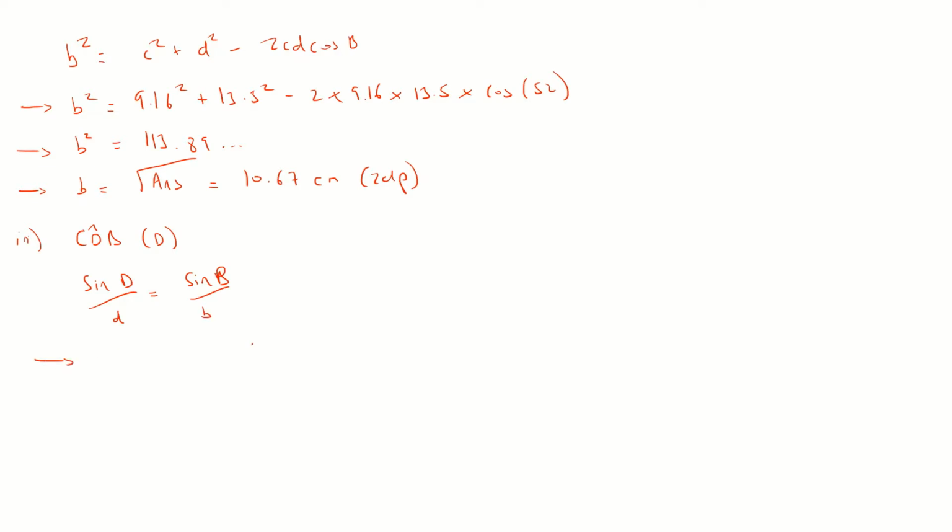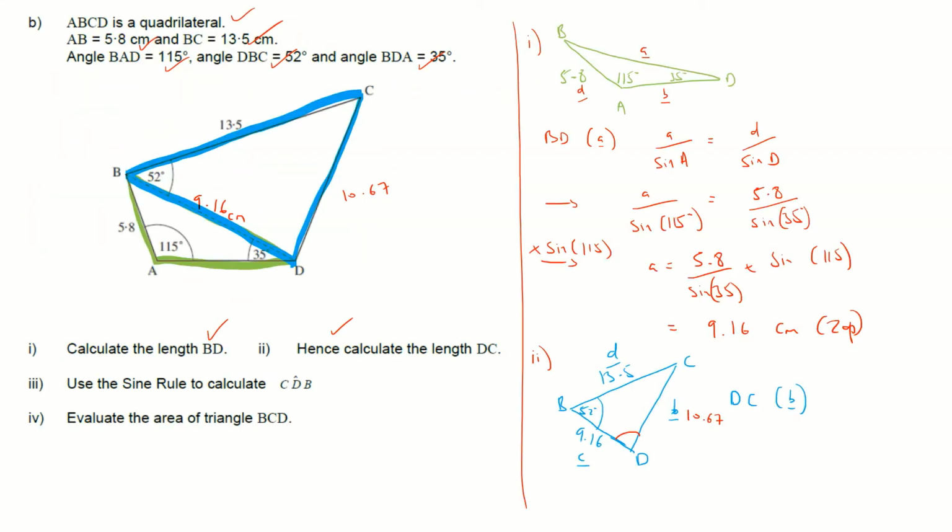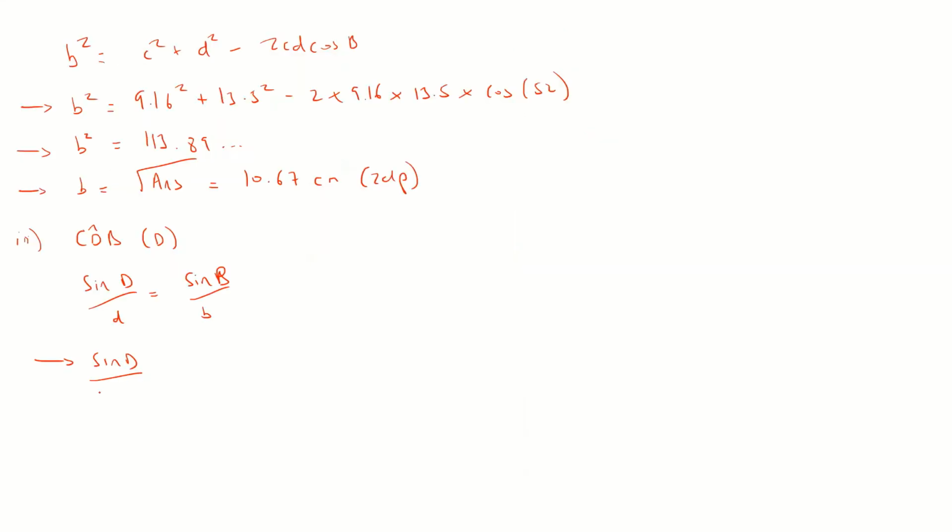Then put your values in. Obviously, I don't know sine D. Side D is 13.5. And then sine B is sine 52. I think I worked out B just a minute ago?